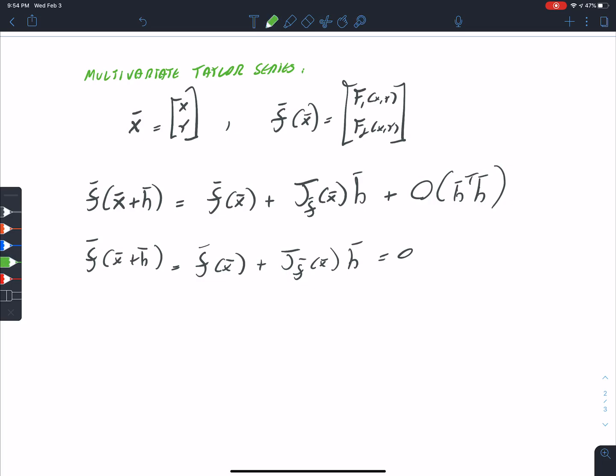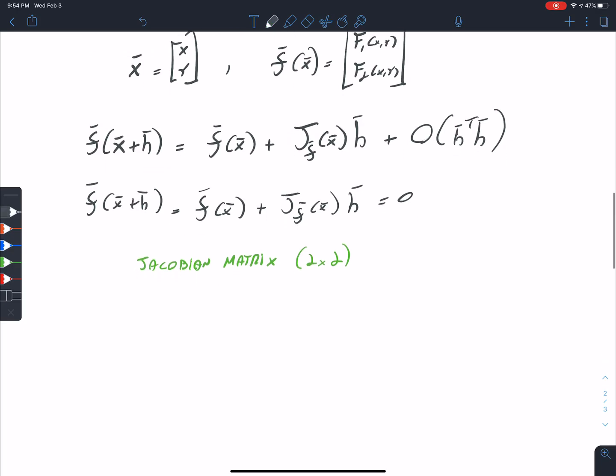This is known as the Jacobian matrix. In this example, this will be a 2 by 2 matrix, 2 rows and 2 columns. And the Jacobian is simply a collection of all the derivatives. But now we have 2 derivatives to worry about, in fact, 4. So J of f of x, in this case, will be a matrix where we have df1 xy over dx.